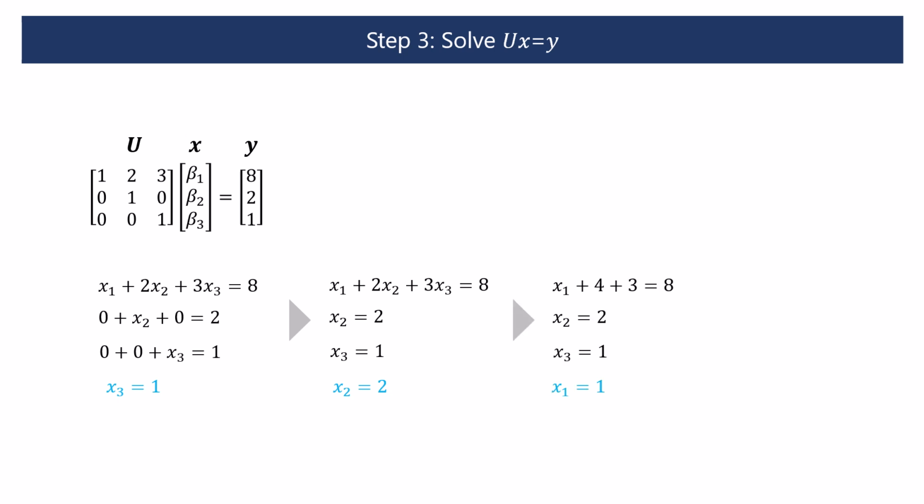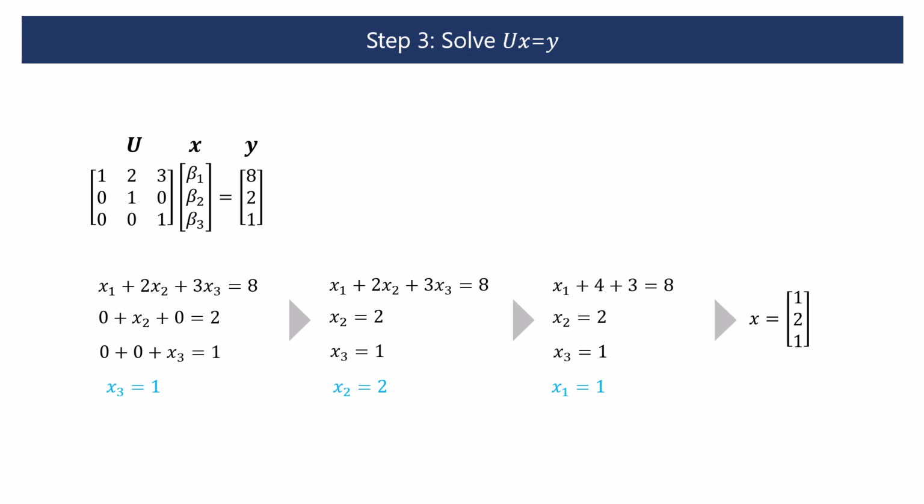Finally, we substitute x2 equals 2 and x3 equals 1 into the first equation to solve for x1. We can find x1 equals 1. So, we have solved for x, and the solution to the system of equations is expressed by this vector x.